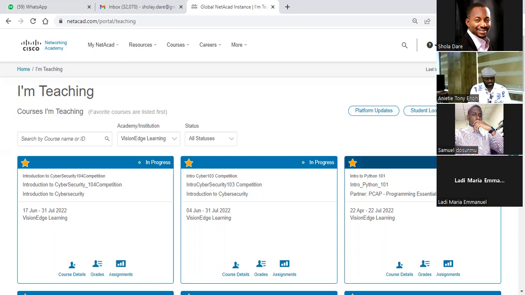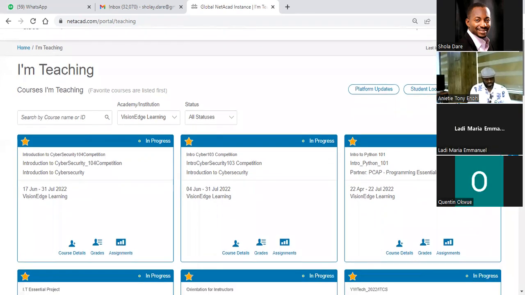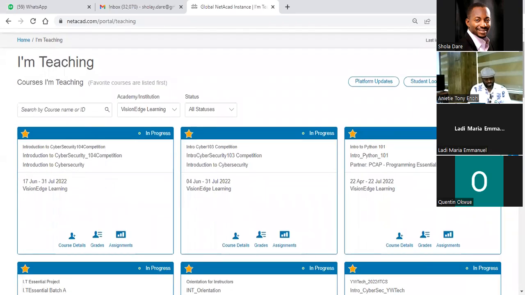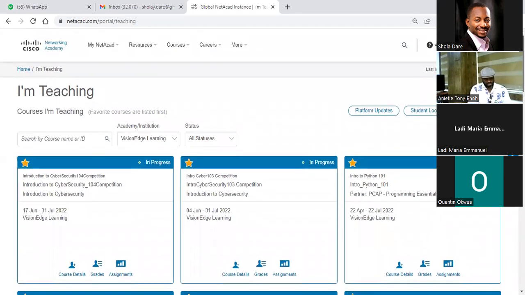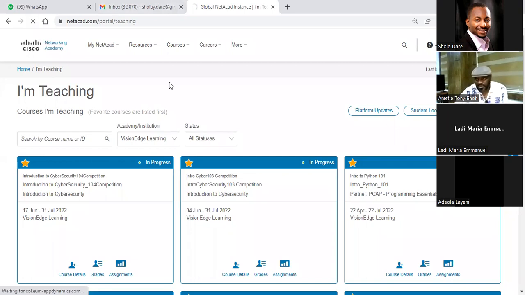training tool. So when it appears on your screen, for me, I'm a teacher, so what will appear here is going to show teaching. For your own, it's going to show learning. I'm just giving you an example.